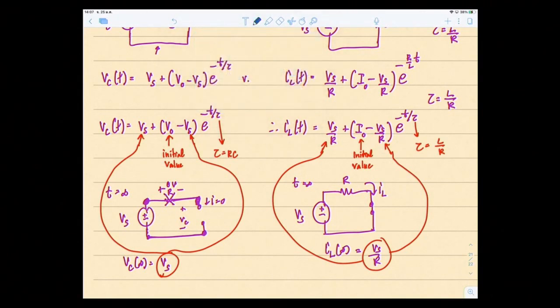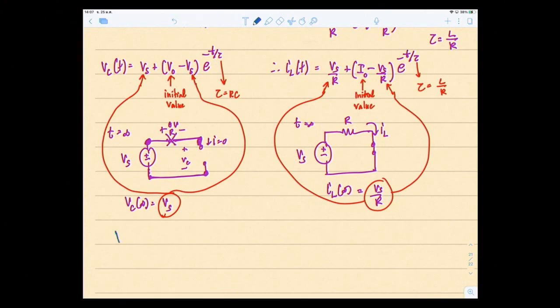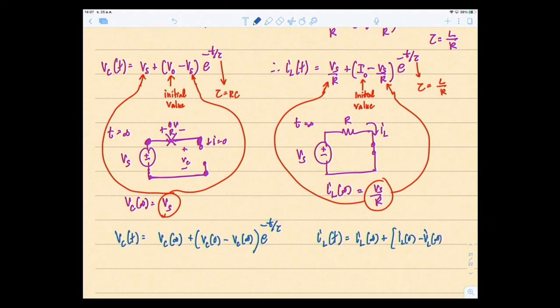The pattern is Vc of t would be Vc at infinity plus Vc at 0, if the switch changes at 0, minus Vc at infinity, e to the minus t over tau. In this case, IL of t is equal to IL at infinity plus IL at 0 minus IL at infinity, e to the minus t over tau.